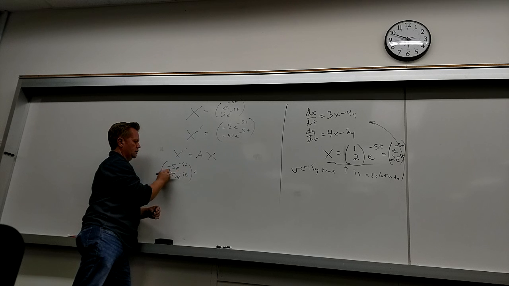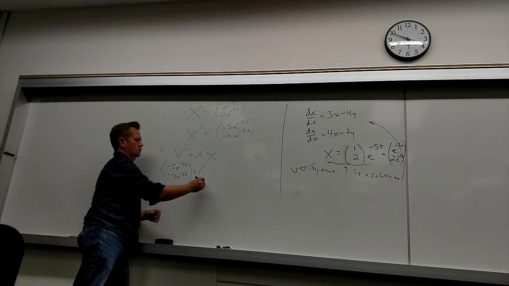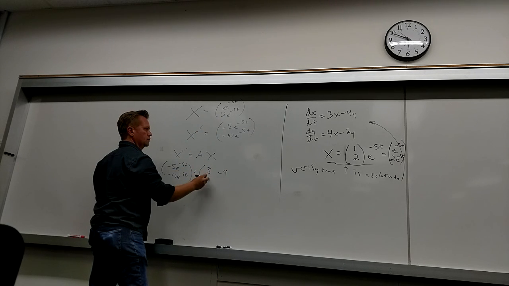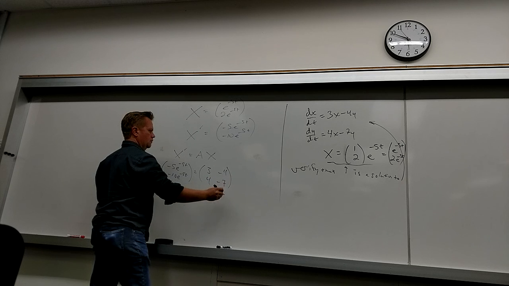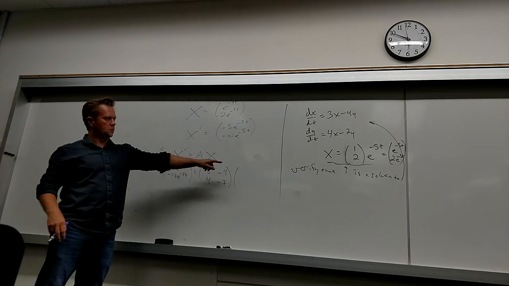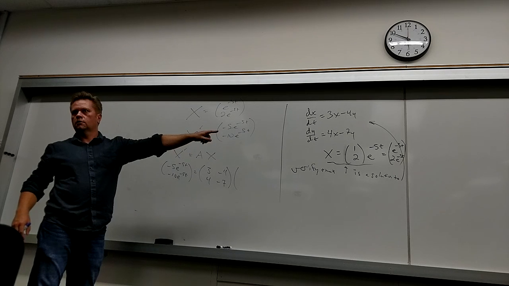What's the A matrix? 3, negative 4. Yeah, just the coefficient matrix. And then x, you're assuming it to be e to the negative 5t.